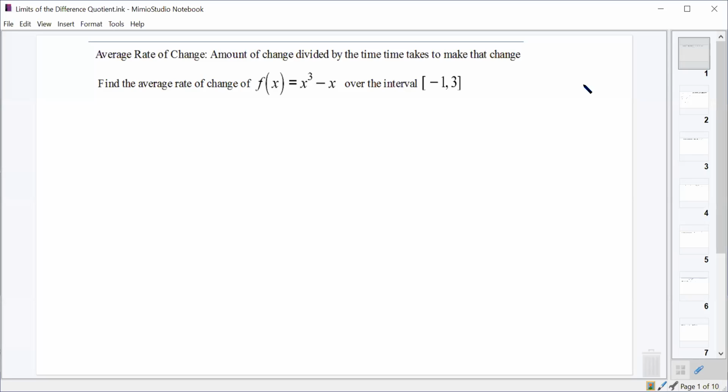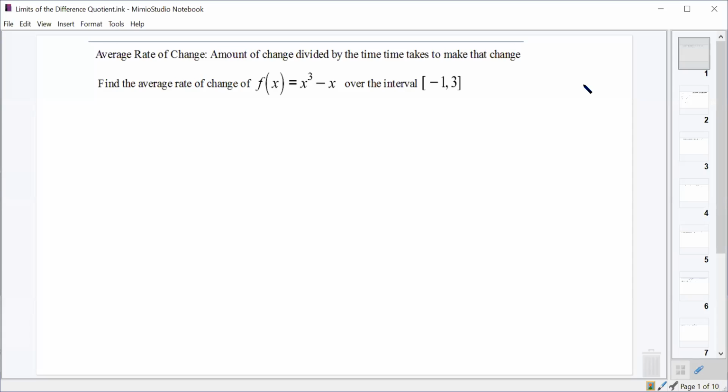But before we can talk more about limits, we're going to go way, way back to when you were in like first grade and first learned about slope, right? And what slope is.